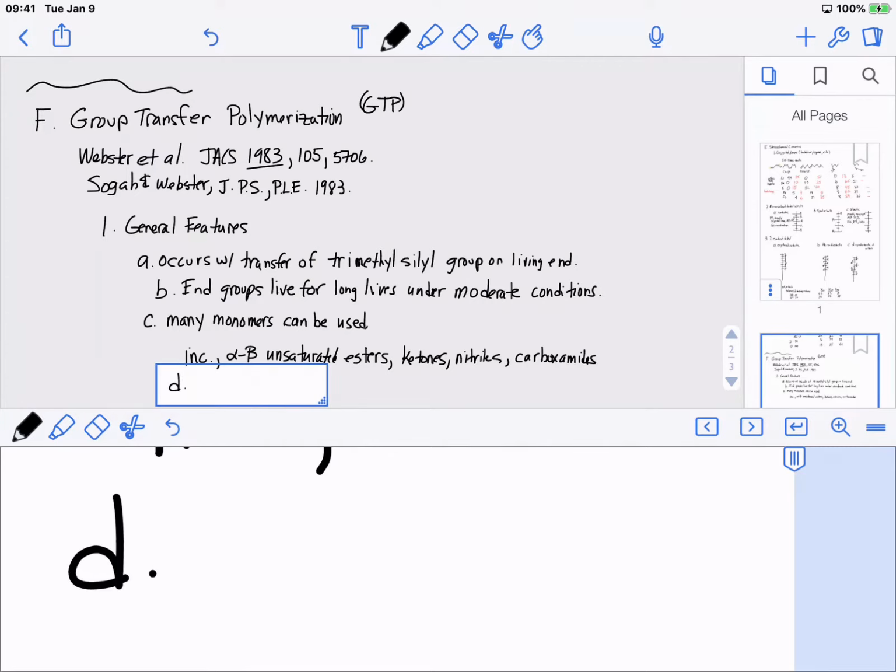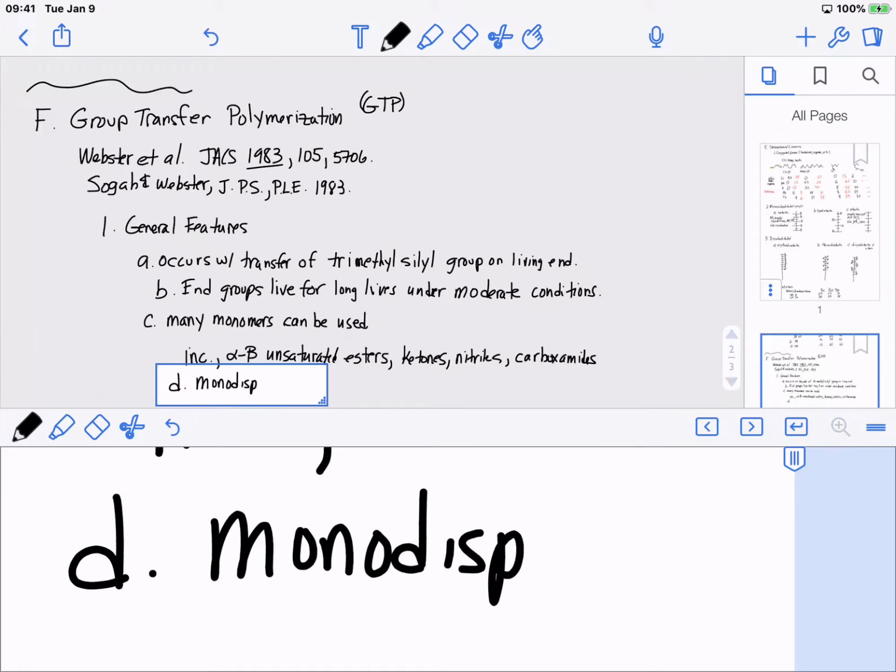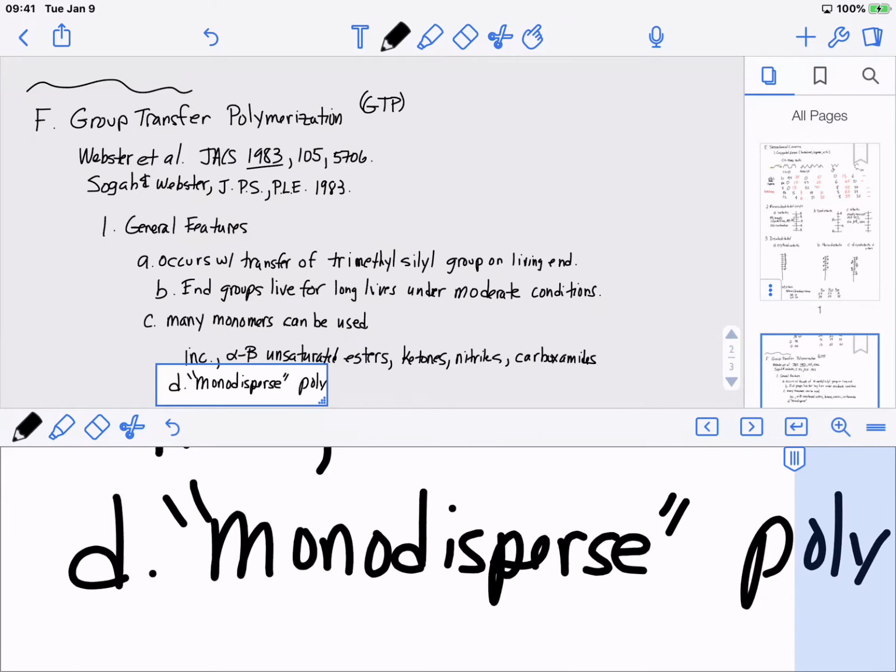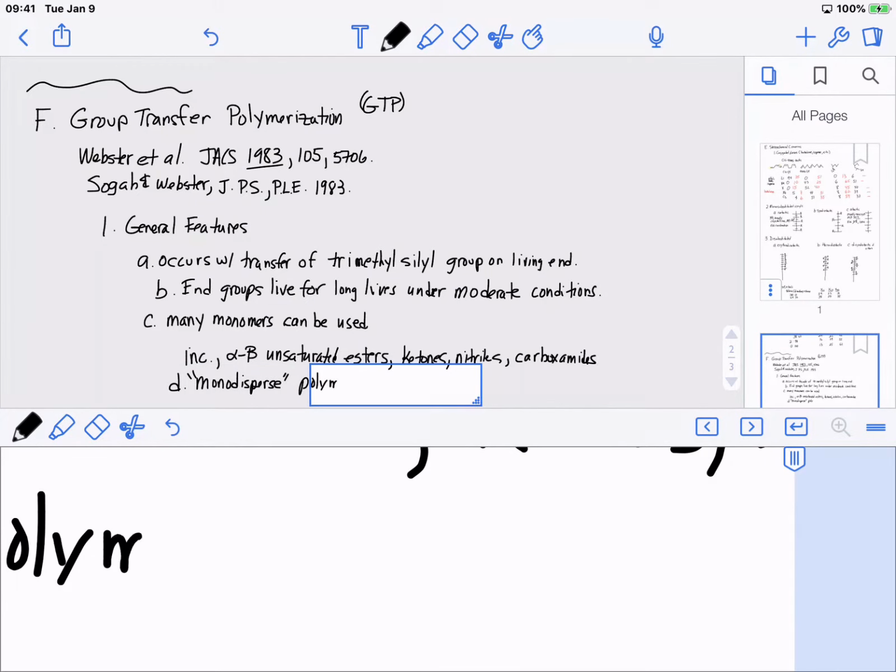D. Monodisperse. I'm going to put that in quotes because they're never really monodisperse like a protein might be, but they have low polydispersities, small polydispersities. So monodispersed polymers may be obtained.